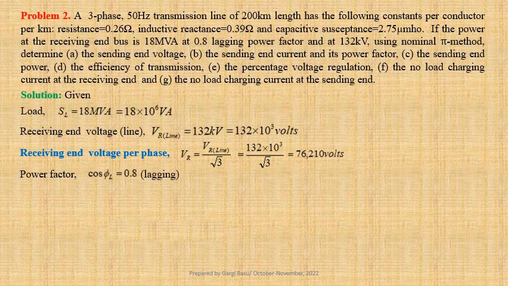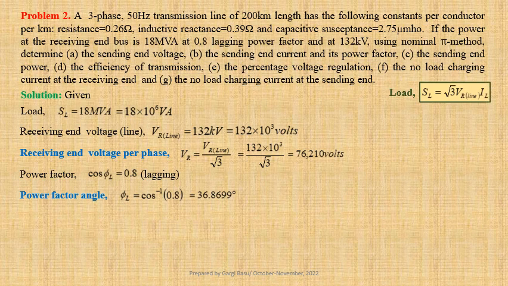Let us now determine power factor angle. Phi L equals cos inverse 0.8, that is equal to 36.8699 degree. Expression for load SL equals root 3 times VR line into IL. Therefore, load current IL equals SL divided by root 3 times VR line.